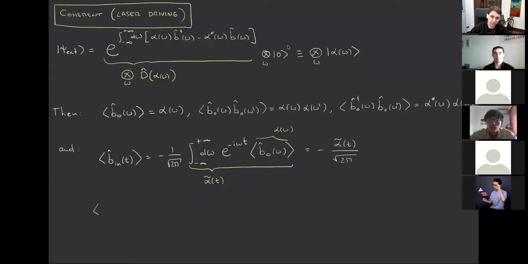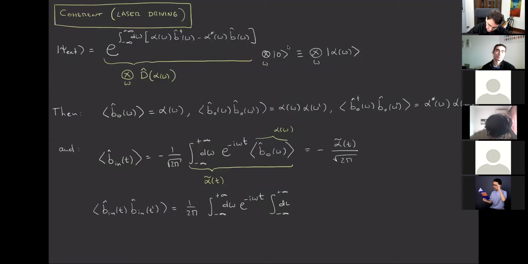Then if you check the second order moments, let me also do it for you a bit slowly. In this case, we get 1 over 2 pi because we have two contributions, and then we have two integrals. So one in omega and t, and the other one in omega prime, for example, and t prime.